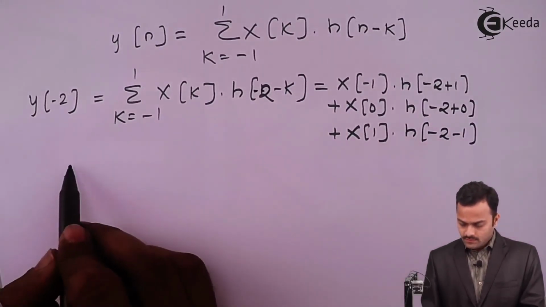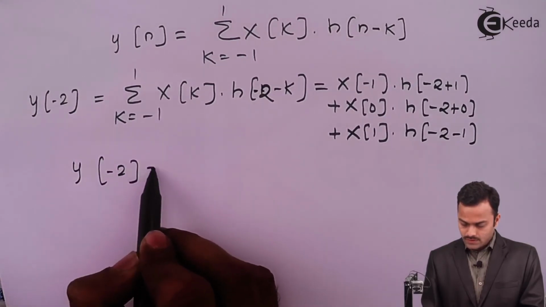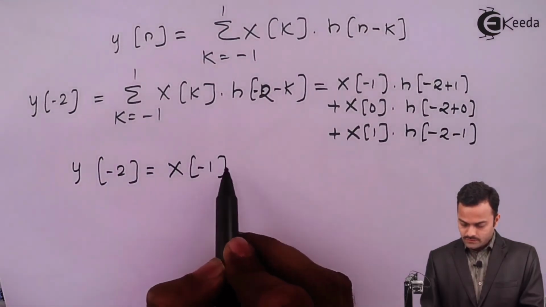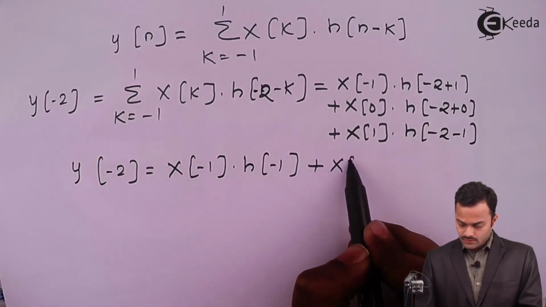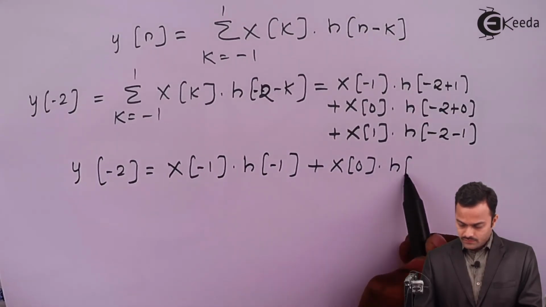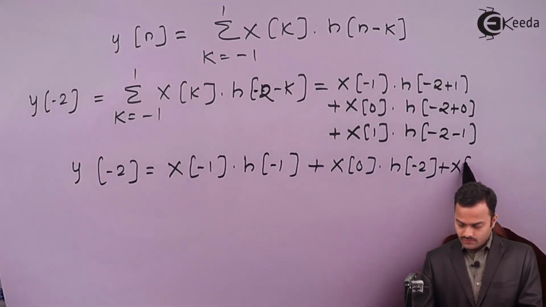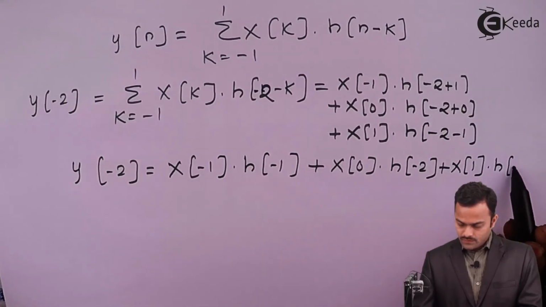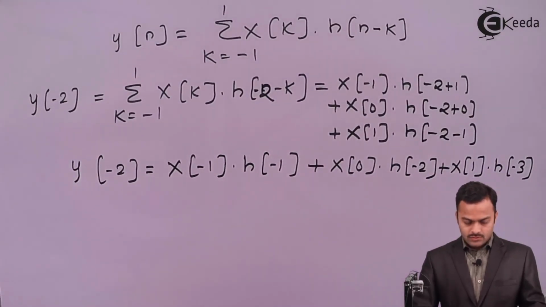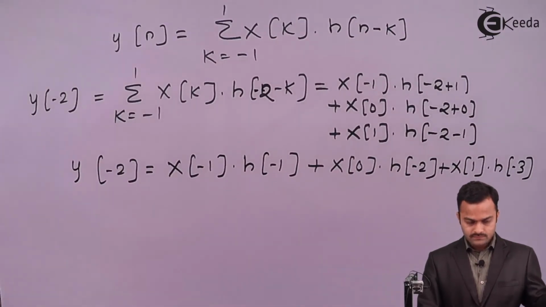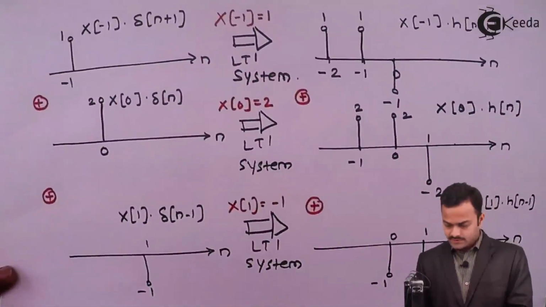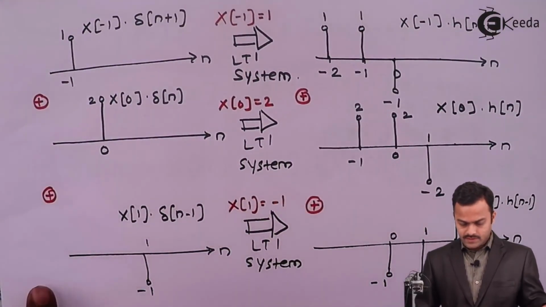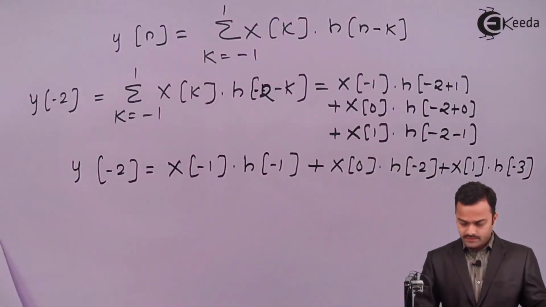So in the end, y of minus 2 is nothing but x of minus 1 multiplied by h of minus 1, plus x of 0 multiplied with h of minus 2, plus x of 1 multiplied with h of minus 3. So to get y of minus 2, we have added these sequences, and these sequences are obtained from this.